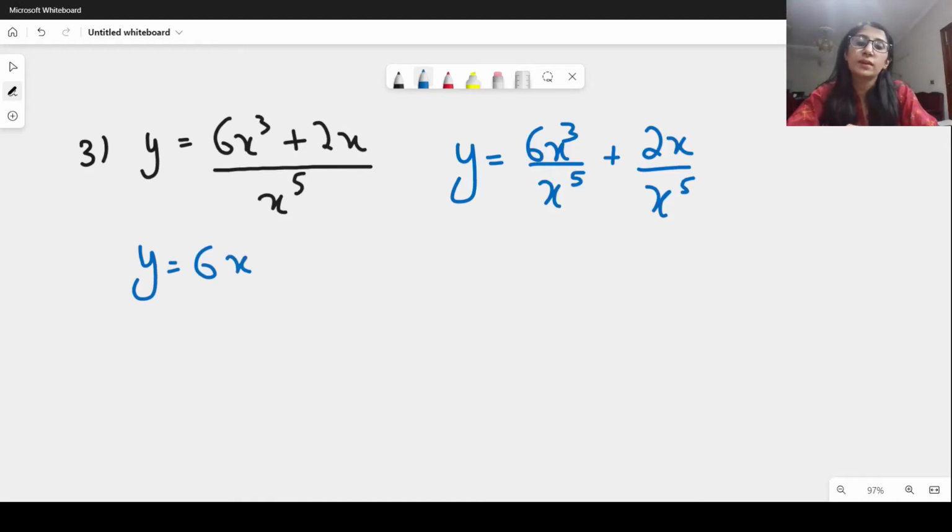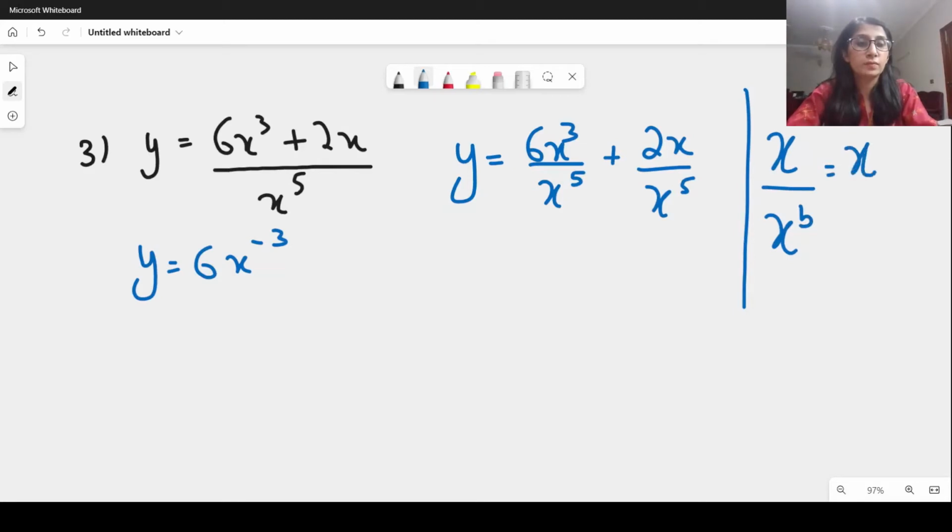X cubed divided by x5 becomes x minus 2, because we know this property of indices that if we have x power a over here and x power b over here, then simplified it becomes x power a minus b.